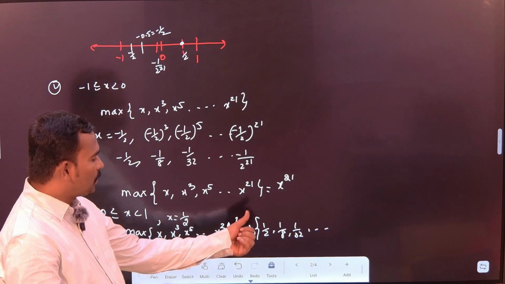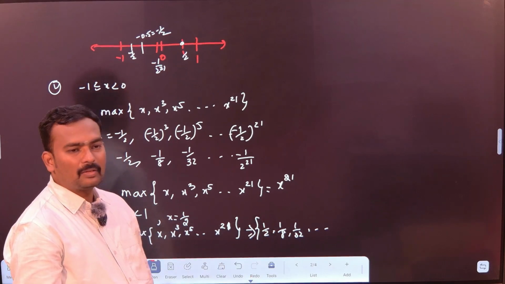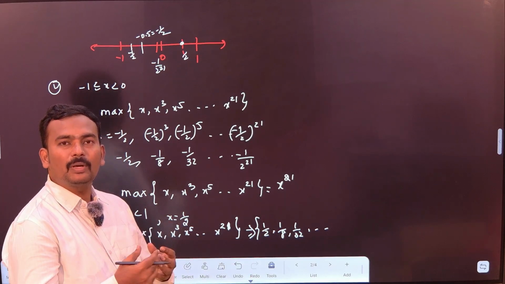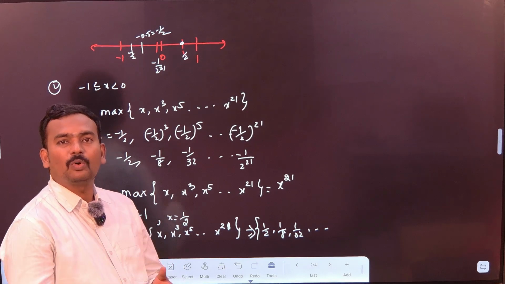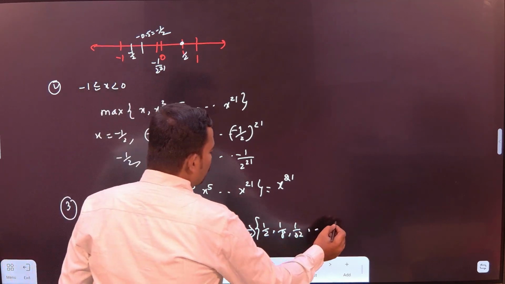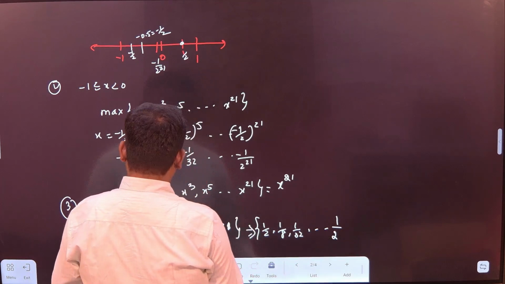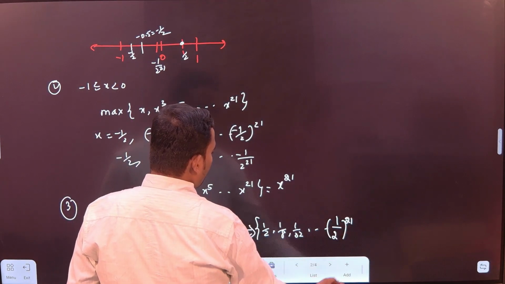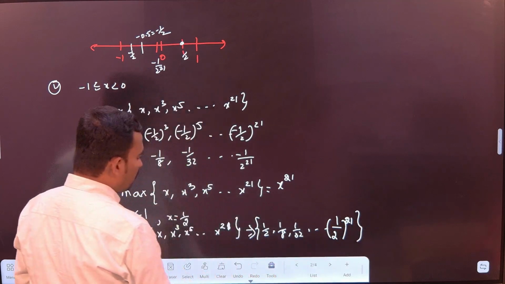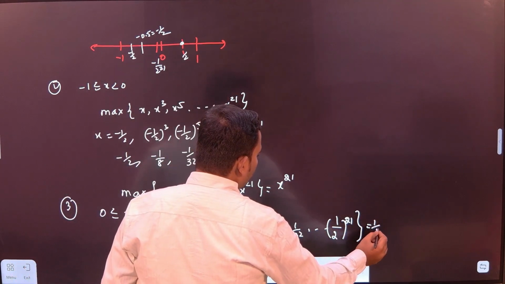Correct? So is 1 by 2 bigger or 1 by 8 bigger? 1 by 2 is bigger, because when the denominator is larger and larger, the value will be very small. So 1 by 2 whole power 21, right? Among these, which is the maximum? 1 by 2.